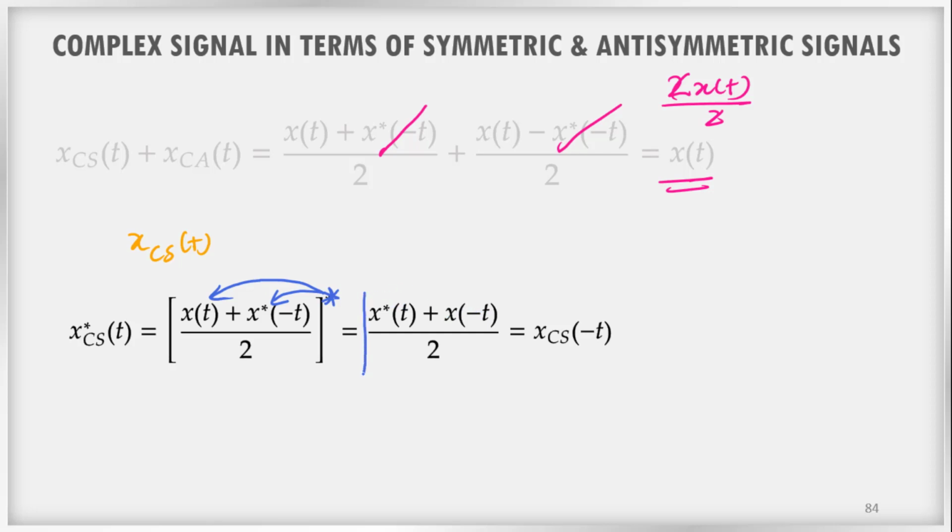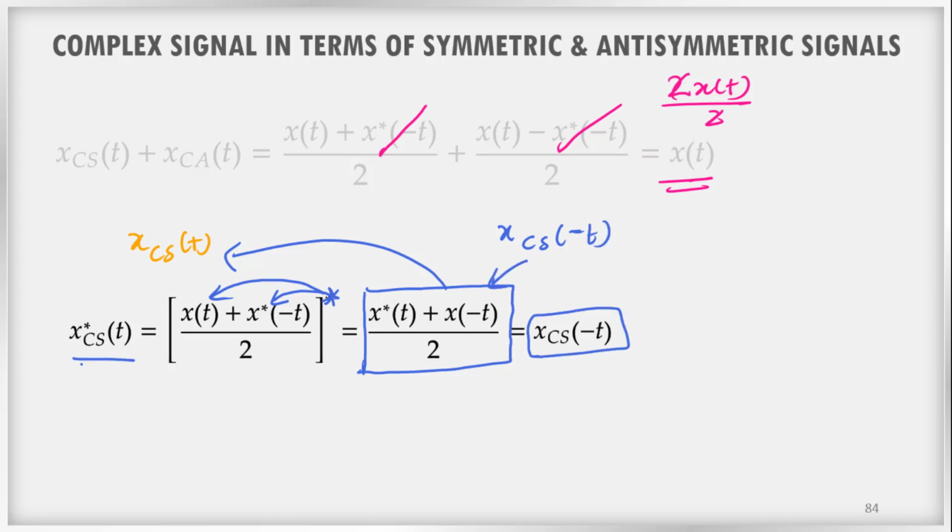If we carefully observe, this particular signal is nothing but the time reversed version of our actual signal XCS of t, so we can represent it as XCS of minus t. That means x asterisk of XCS of t is equal to XCS of minus t. So this is the condition for conjugate symmetry. We can once again confirm that our signal XCS of t is conjugate symmetric in nature.